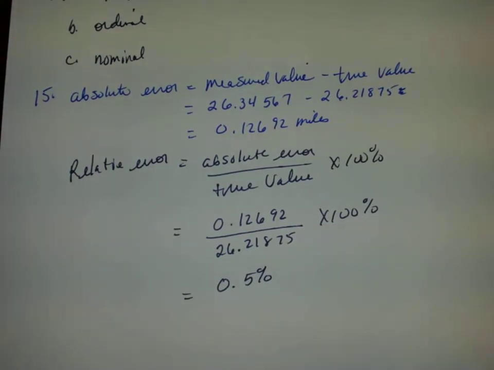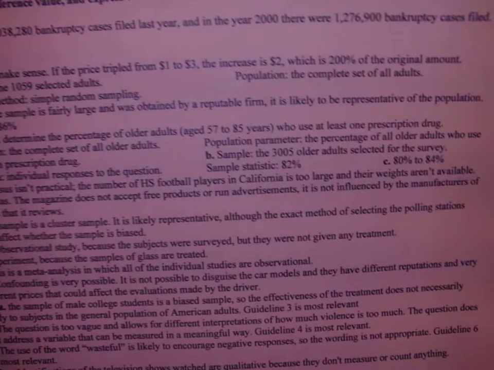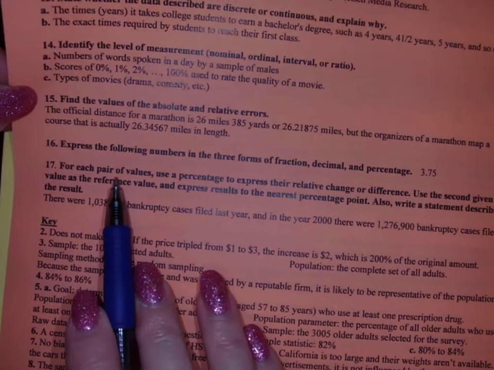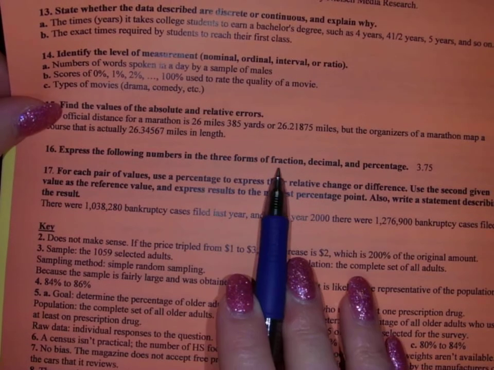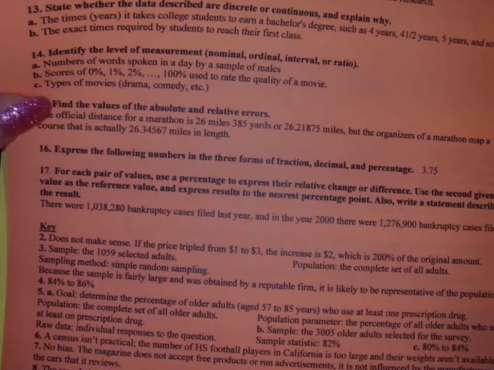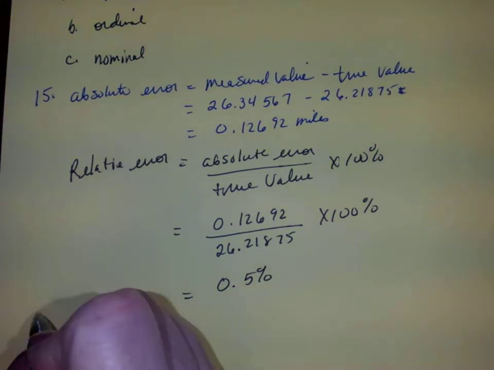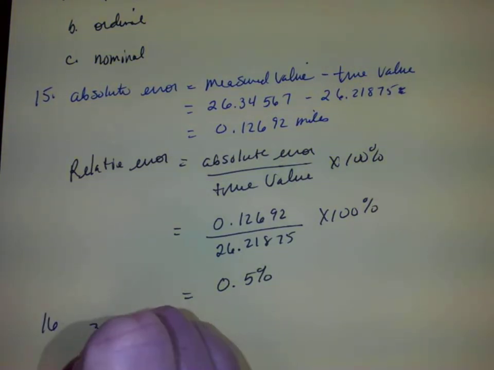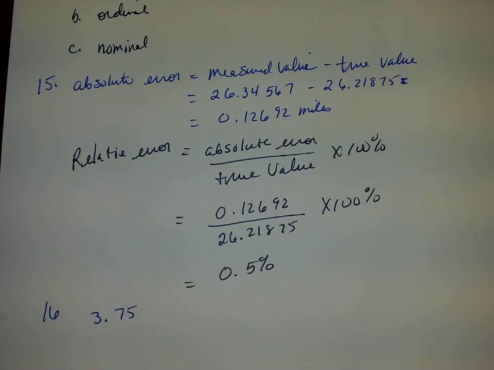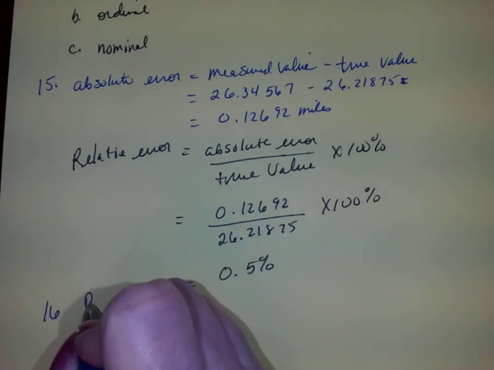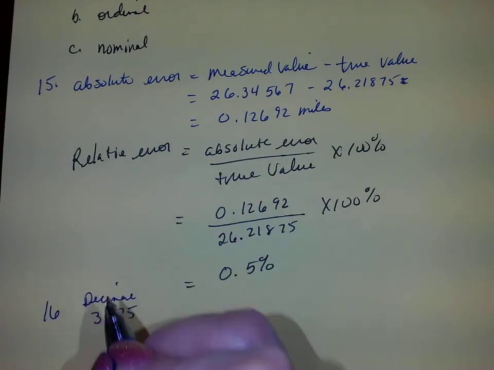We have 2 left. All right. Number 16. Express the following numbers in the 3 forms of fraction, decimal, and percentage. So on 16, we have the number 3.75. Well, this is already a decimal, right? So we have the decimal part.